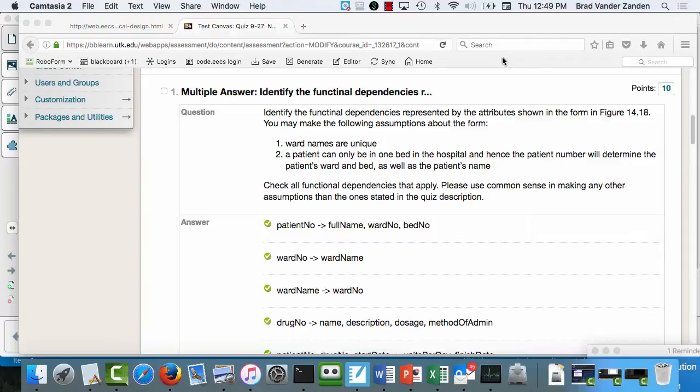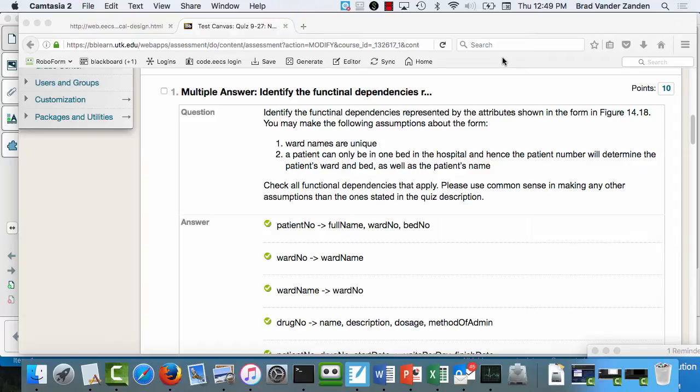So the patient number basically determined where the patient was in the hospital, okay? So that meant that it was determining the ward number and the bed number. And while the wards could be unique, presumably bed numbers aren't unique. So you couldn't just say bed number, you'd have to say ward number, and it also determined where it was.